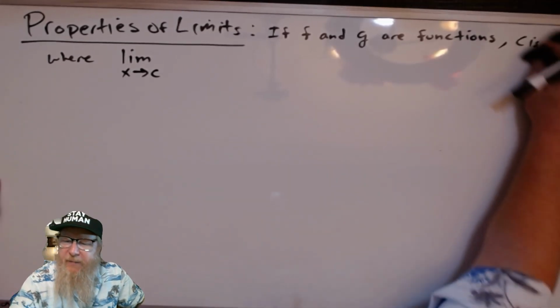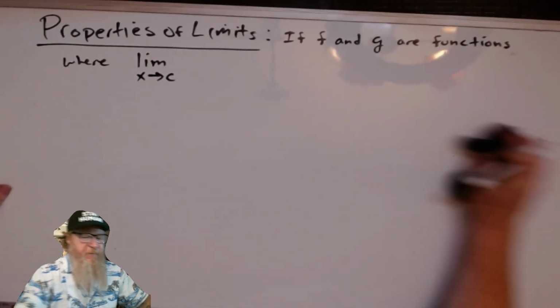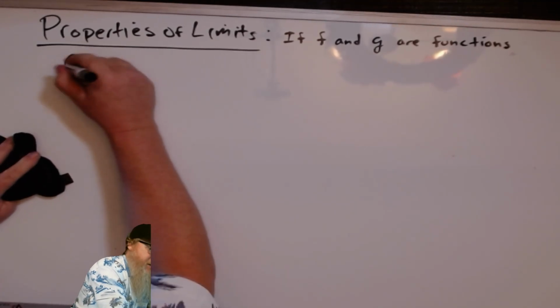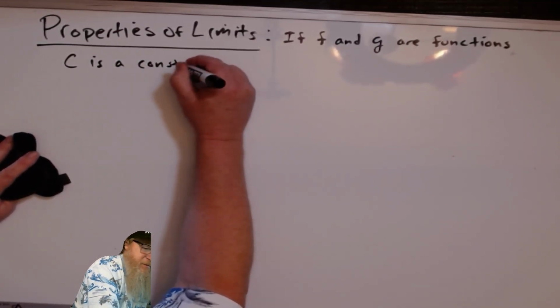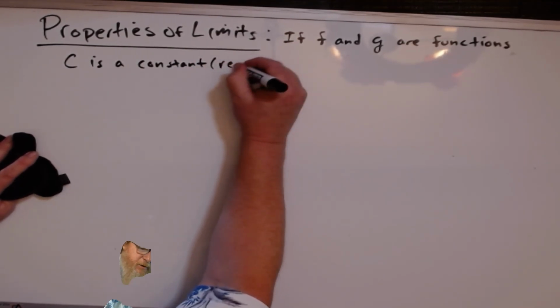You can't see that. So f and g are functions. C is a constant, also known as a real number.